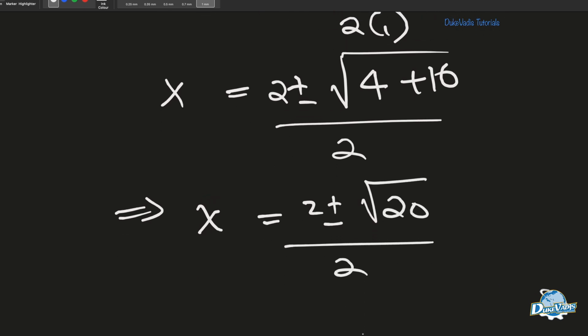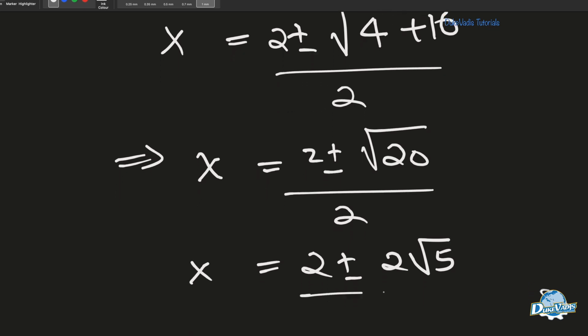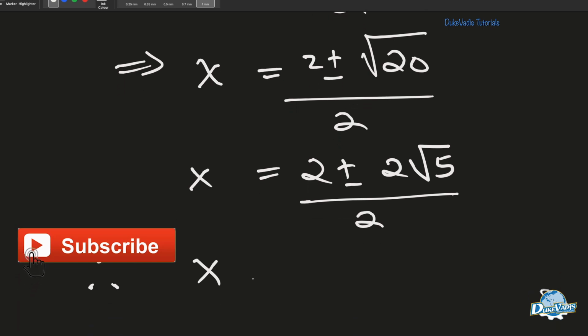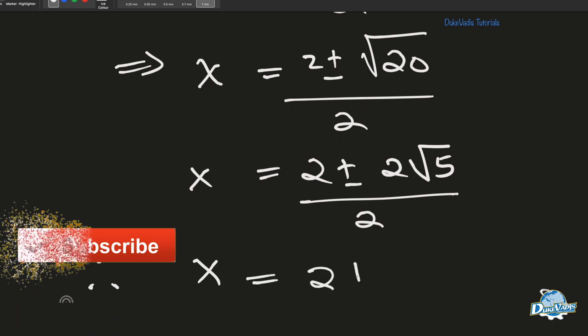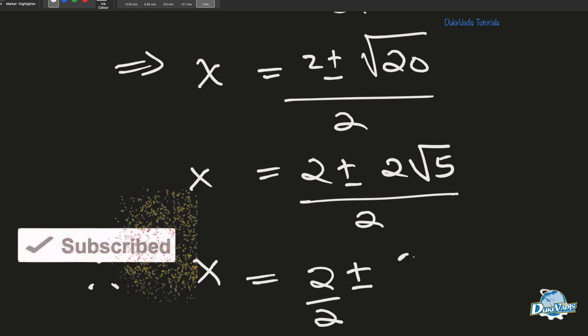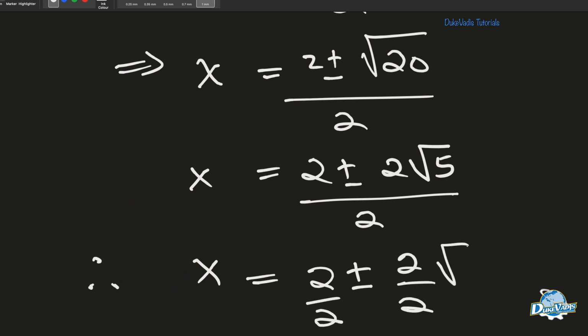Well, this is the solution of the equation. But if we want to expand it further, we can also say that x is equal to 2 plus or minus 2 root 5, because when we break 20 down, this is what we get. And we divide through by 2, this by 2 and this by 2 root 5.